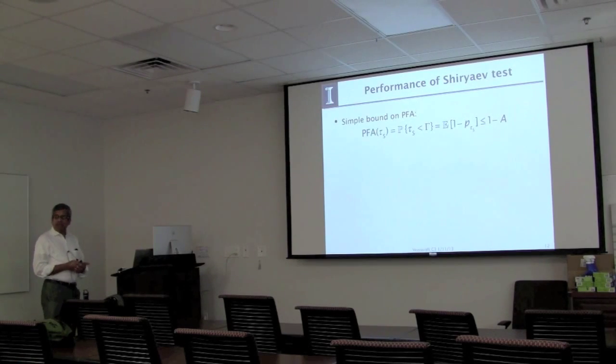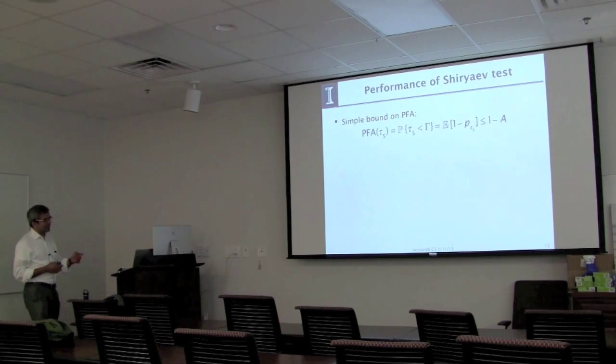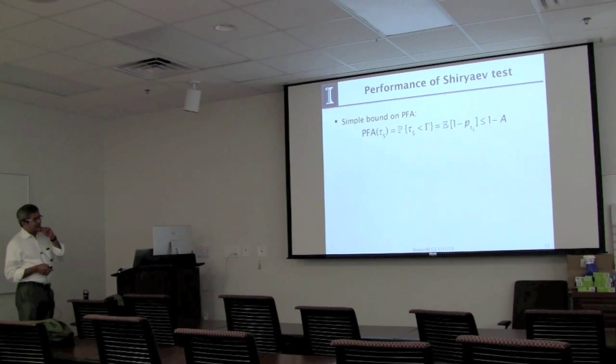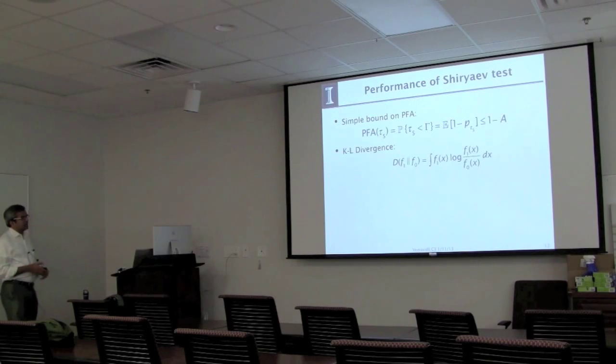Actually, interestingly, this test was developed in the 60s, and there wasn't any performance analysis of this test until more than 40 years later. This is something that one of my collaborators, Alex Tartakovsky, and I did in 2005. So basically, given parameters of the test, in this case the threshold, can you say something about the delay and false alarm performance?